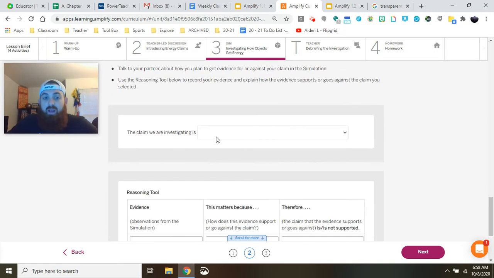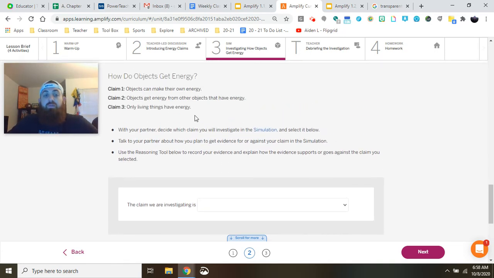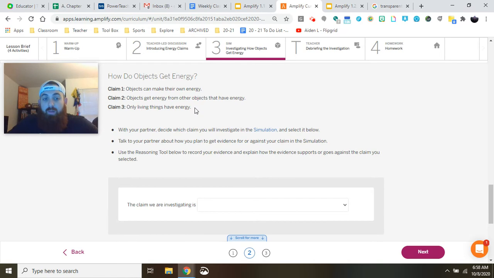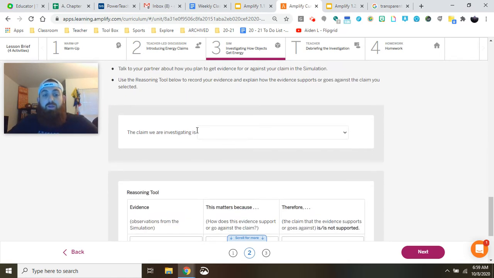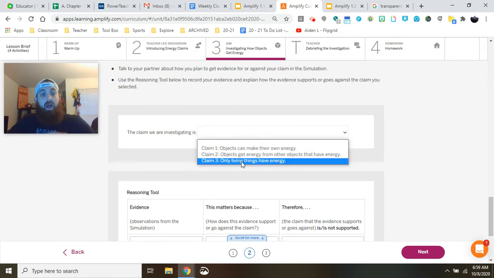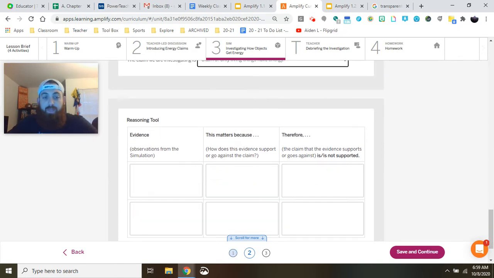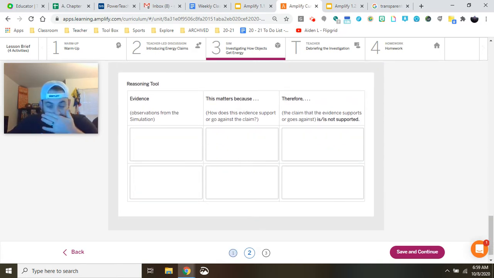And now we're going to fill out this section. You had a specific claim you focused on. That's what you'll be using for your tool. But I'm going to use this third claim as an example. So I'd start by coming down here and clicking the claim that I would be investigating. For you guys, it'd be one or two, but I'm going to use three. And I'm going to go in here and complete the reasoning tool.